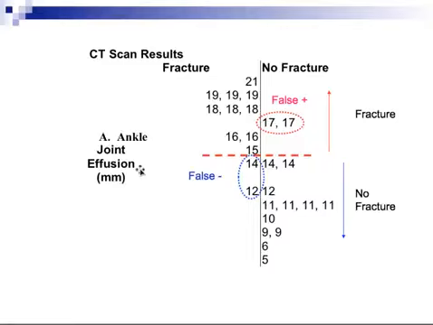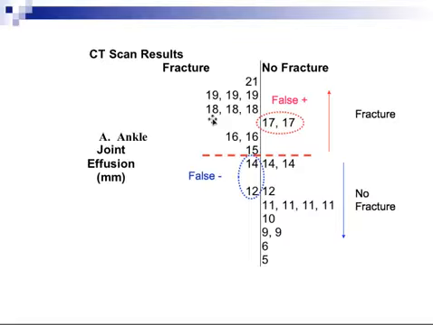Okay, so let's look here again at different ways we can create cutoff values for determining a diagnosis. In this case, we're applying it to ankle fractures. Let's assume that we have some measure of swelling that's continuous.